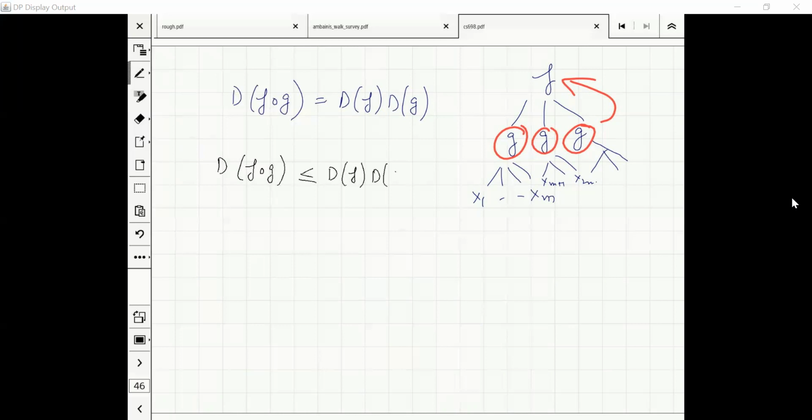This is also given as an exercise in the assignment, just to make this argument formal: how to make a decision tree of f composed with g, given a decision tree for f and given a decision tree for g.